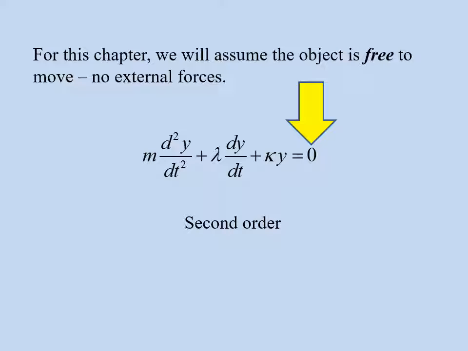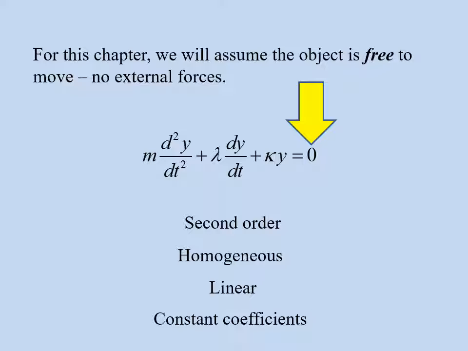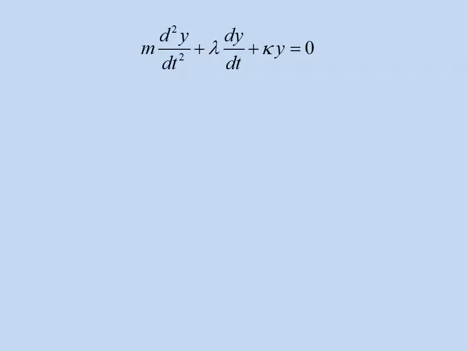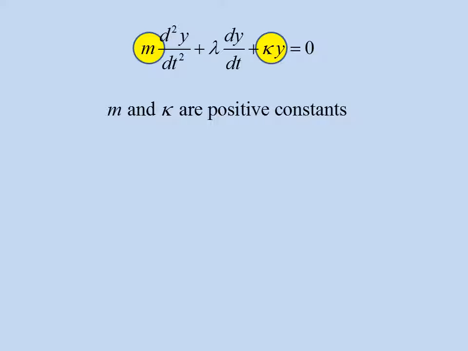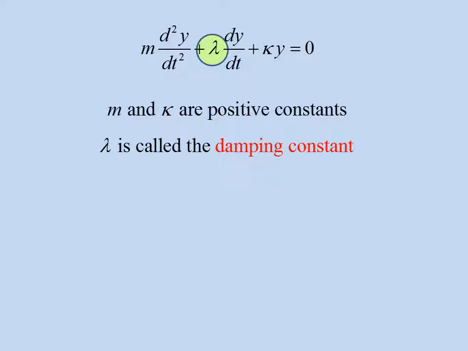So we have a second order equation, homogeneous with constant coefficients. Now the mass m and the spring constant kappa are always positive constants. And the lambda is referred to as the damping constant.